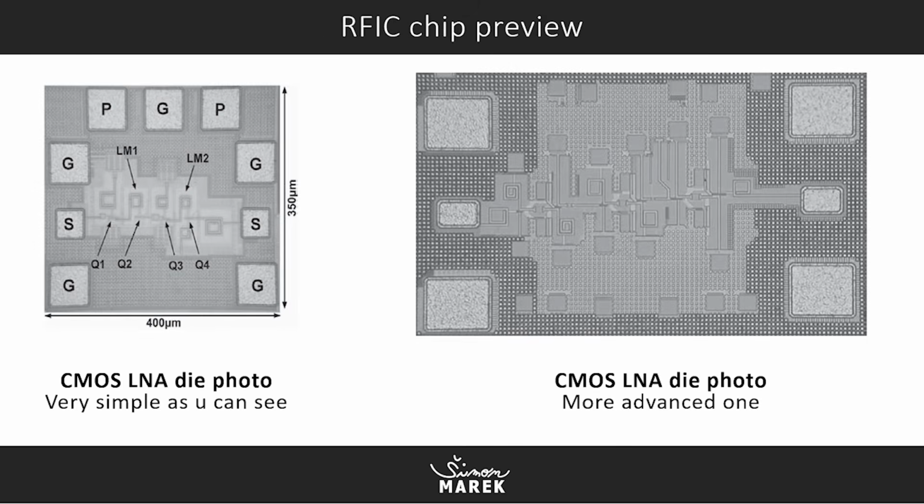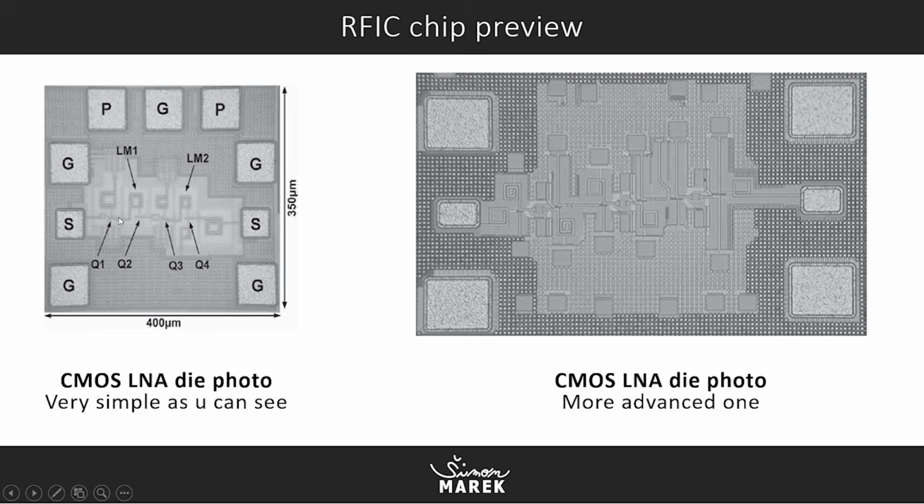So there is RFIC chip preview or overview of LNA dies. The first one is LNA, you can see inductors, and here is some capacitor. You can see the plane here, or rectangle. This is capacitor, and this is our transistor.